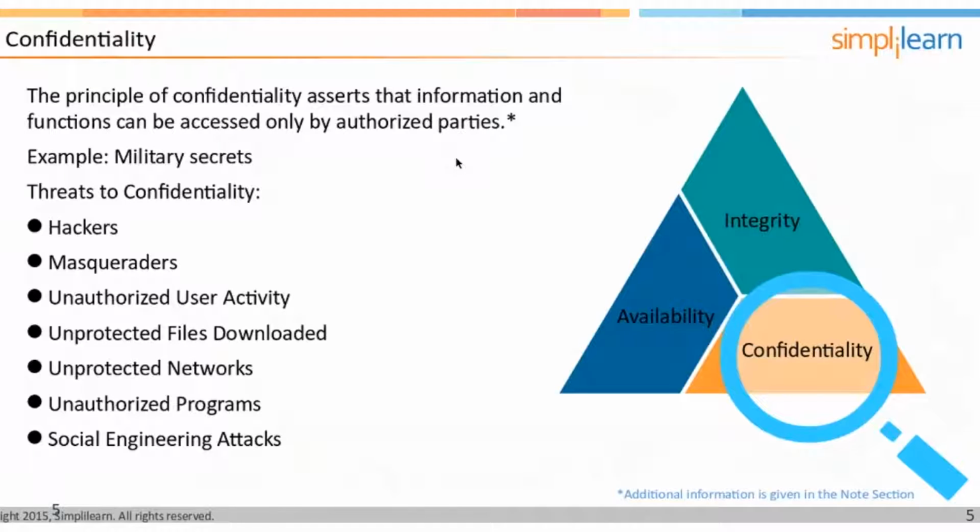Confidentiality can be defined as keeping the information available only to the people it is supposed to be available to. It should be accessible only by the people or parties who are authorized to access it. That is correct. Only the authorized person or party should have access to that information. So that is confidentiality.